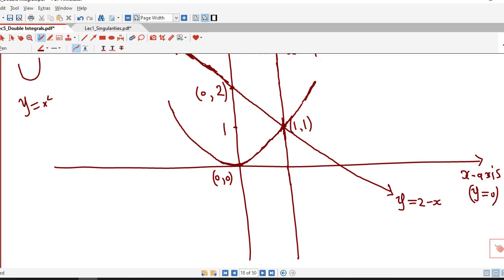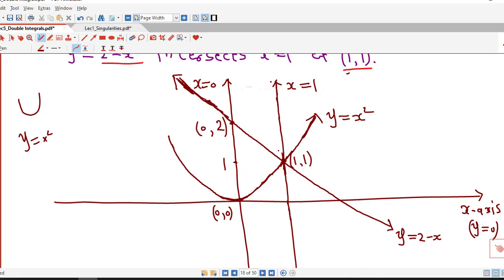So this is y equal to x square. We are not interested in the left side of the line x equal to 0. So the parabola we are interested in is between x equal to 0 and x equal to 1.